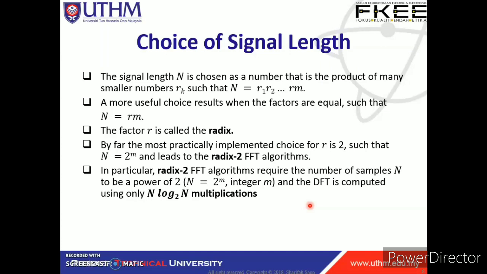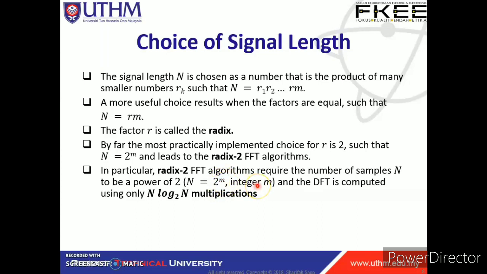Alright, for the FFT, in our case we will use radix 2. For radix 2, this is the important equation where the number of sample equals 2 to the power of small letter m.